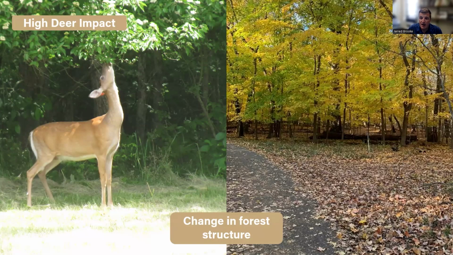So you'll see this kind of 0 to 5 or 6 feet gap in the forest structure where you can kind of see all the way through the forest beneath 6 feet because the deer have consumed so much vegetation. I would say that in a lot of private woodlands and a lot of even our state parks now, browse lines are not as common as they once were, but we still do find them out, especially on unhunted properties.